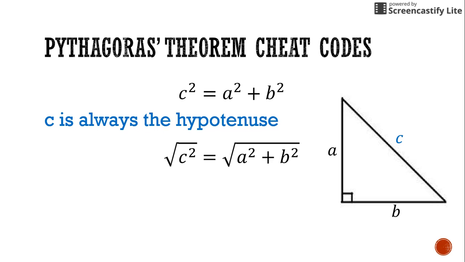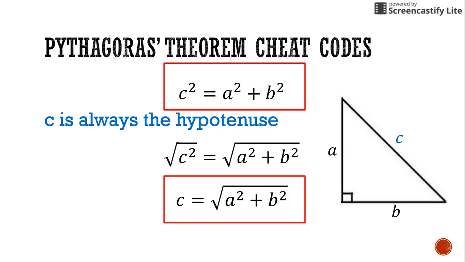Therefore, when we square root the left-hand side of the equation, we have to square root the right-hand side as well. Square rooting C squared, we will get C, and it equals the square root of A squared plus B squared. So basically, there are these two cheat codes that we need to understand and use.